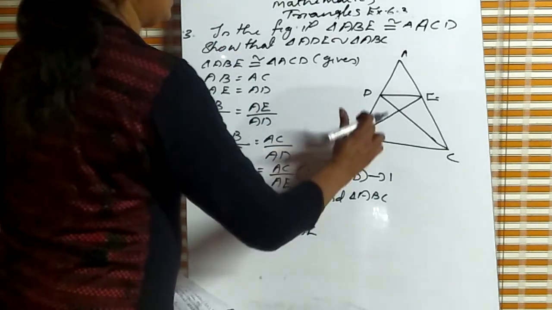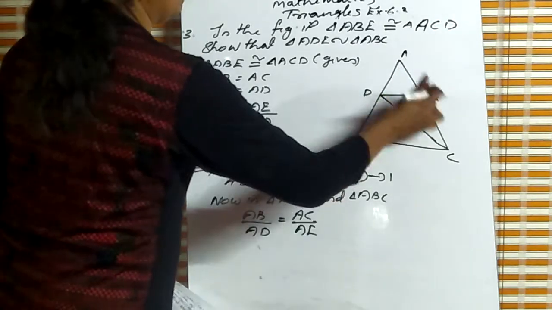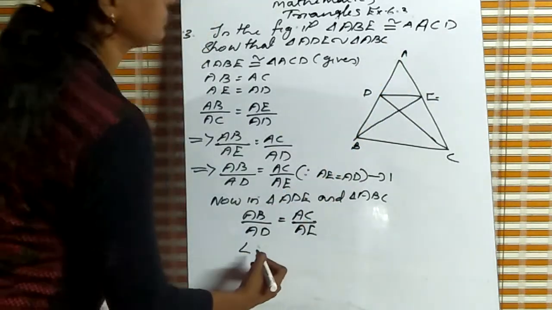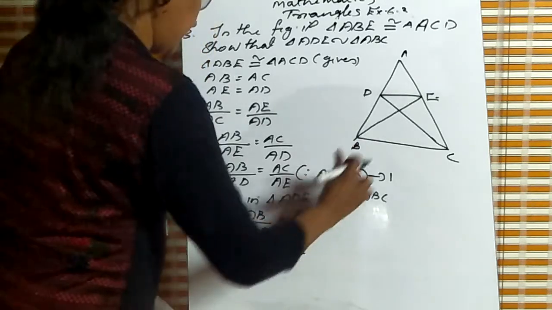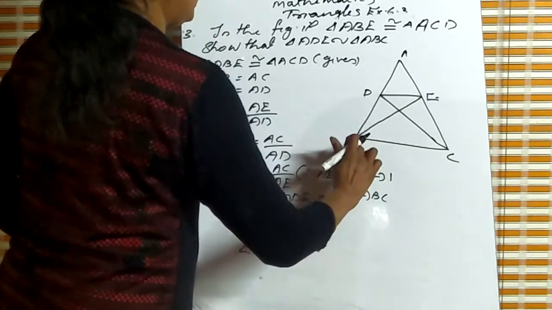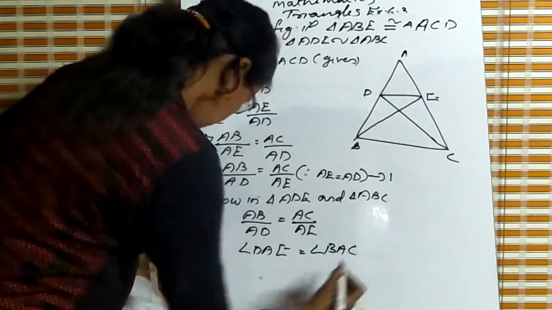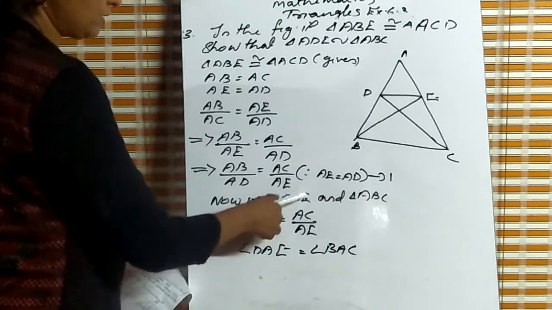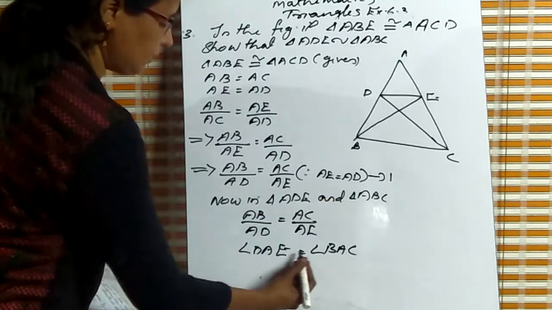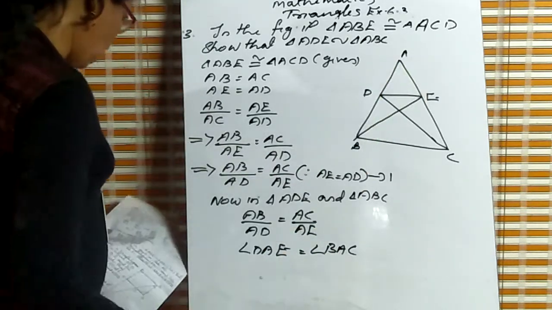For triangle ADE, angle A is DAE or EAD. Angle DAE is equal to, for triangle ABC, angle A is BAC. Angle BAC. Now in triangles ADE and ABC, two sides are proportional and the included angles are equal.